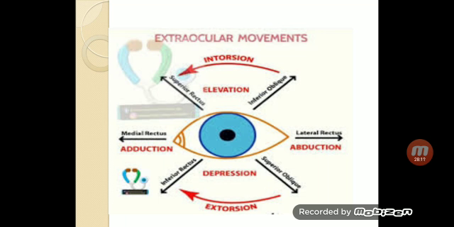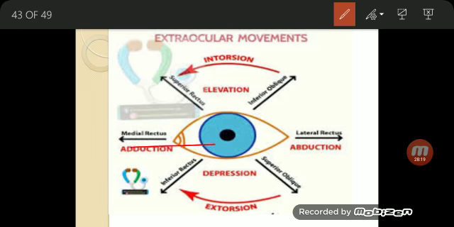So the ocular movements: the eyeball moves or rotates within the orbital socket in all three primary axes, that is the vertical, transverse and anteroposterior. In the vertical axis you have adduction and abduction.